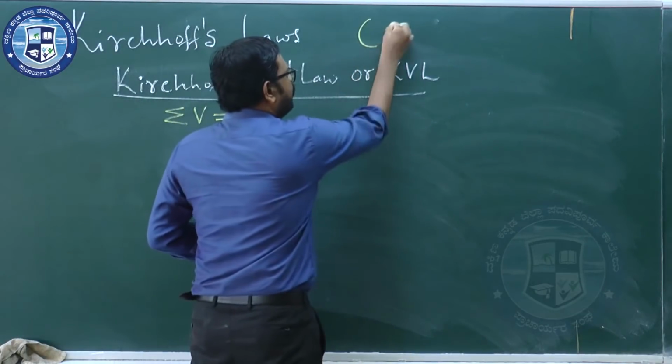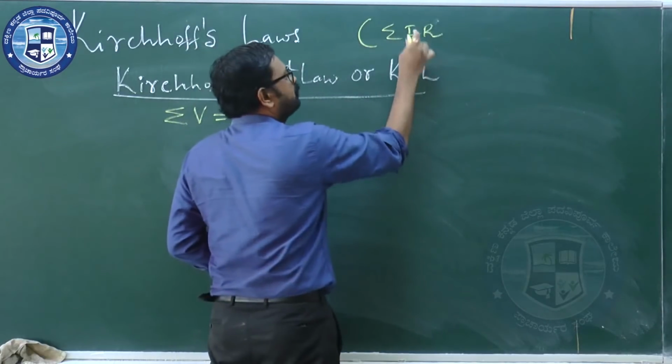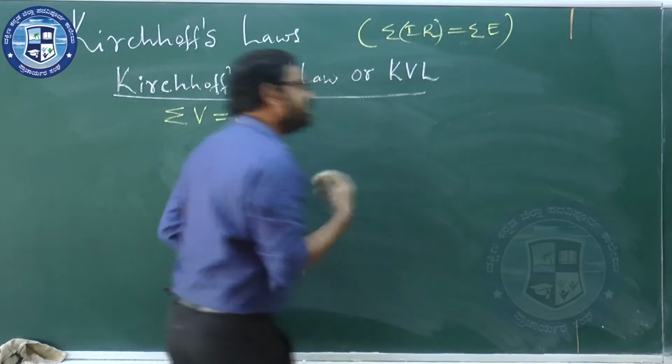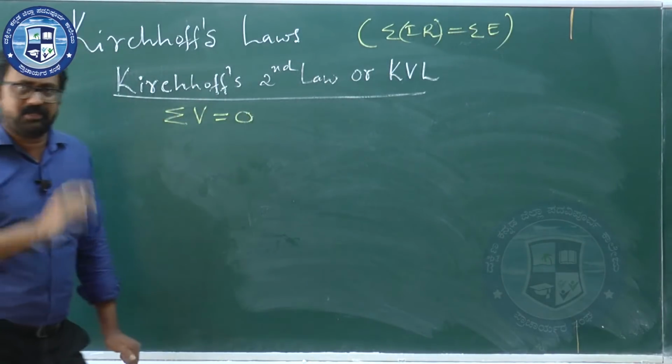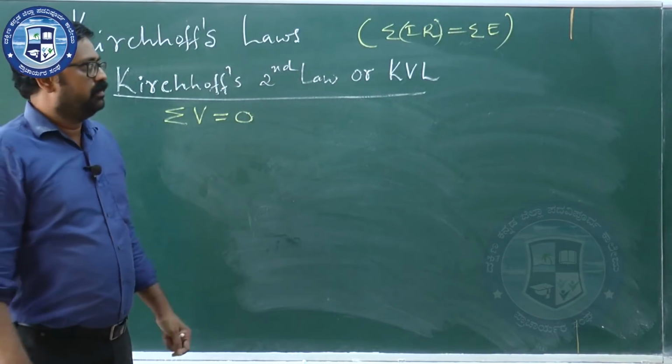This is an alternative one. In a mesh or a loop, the algebraic sum of the product of the current and the resistance is equal to the algebraic sum of the EMFs in the mesh. Even that statement is also true, a correct statement. Actually, it gives the same meaning.